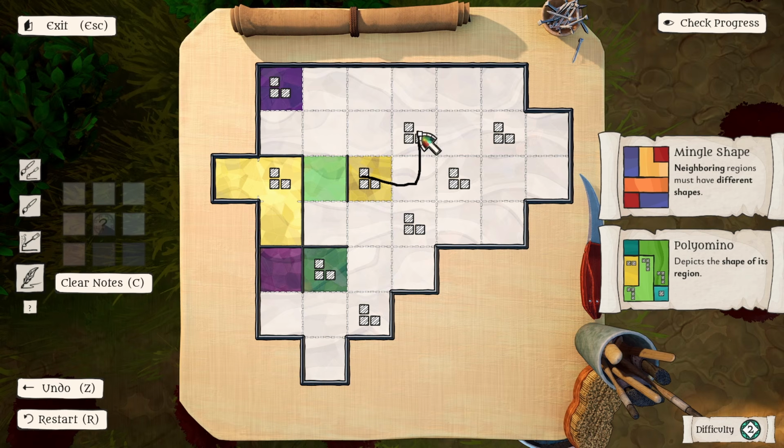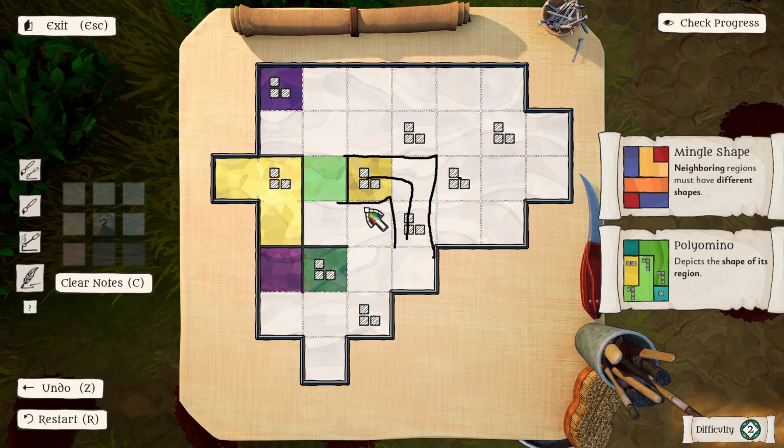And if it took that one, well, that would also break if it tried to do that. So this can't take that.